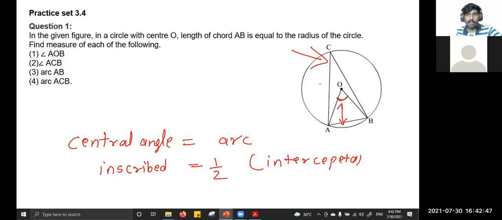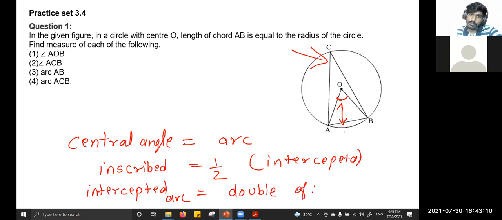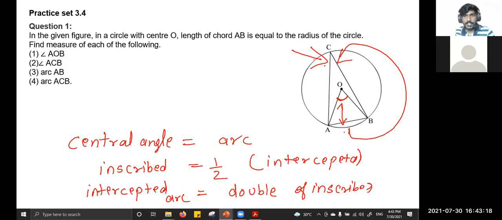The inscribed angle will be half of the intercepted arc. And the intercepted arc will be double of the inscribed angle. That means this is double of this, and this is half of this. Clear now?